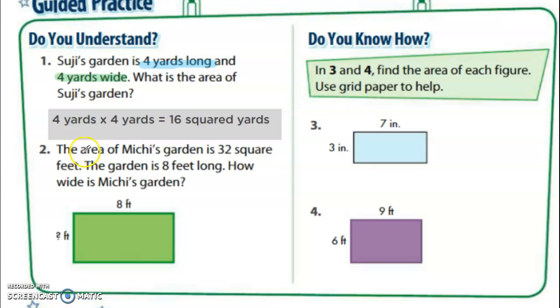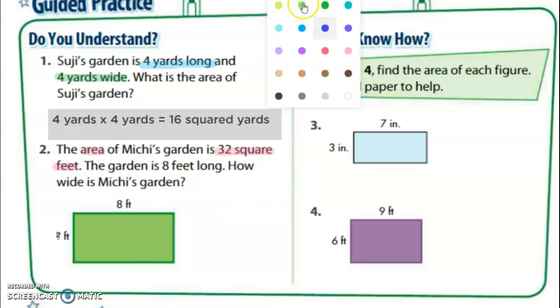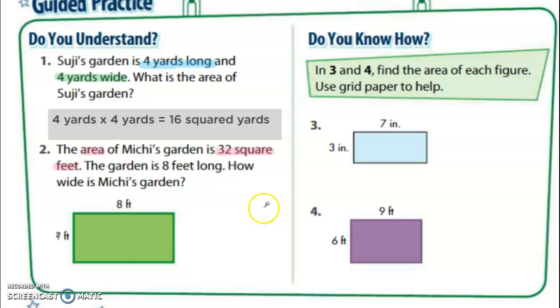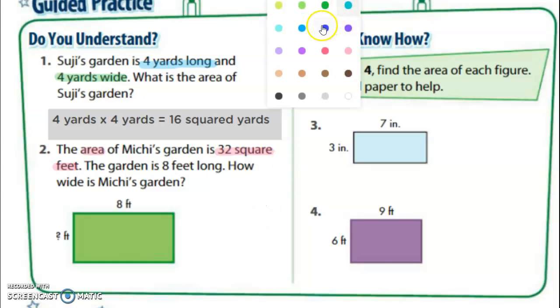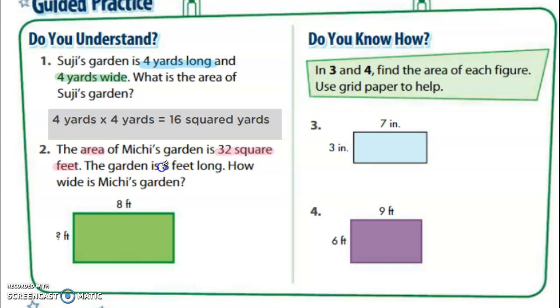So they told me that the area is 32 square feet. Make sure you have that highlighted in pink or red. And in blue, I can highlight my length, 8 feet long. That long tells me that that's my length. Now my missing number is my width.